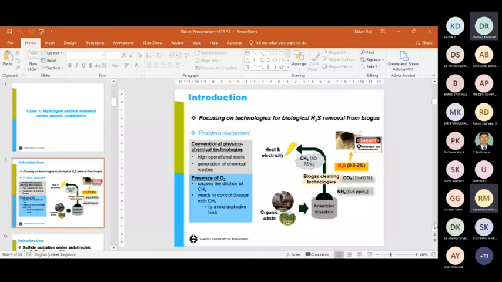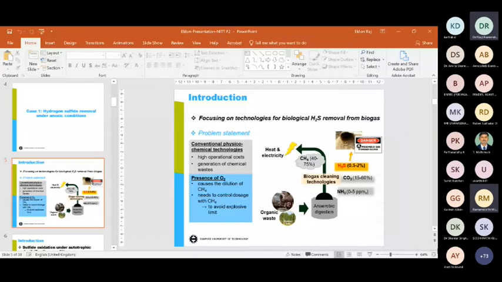At the same time, you have to understand that the hydrogen sulfide concentration in the biogas is usually 0.5 to 2%. Okay, 0.5 to 2% means 5,000 to 20,000 ppmv, which is extremely high and also toxic.